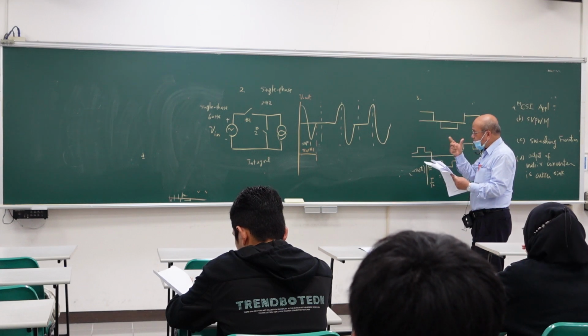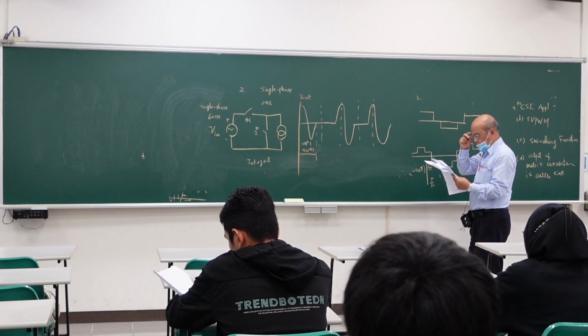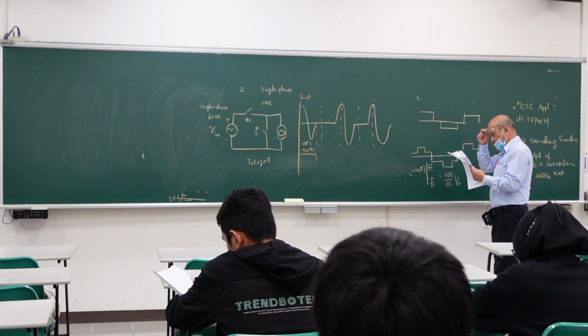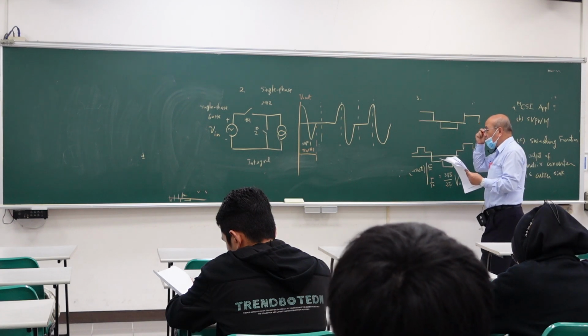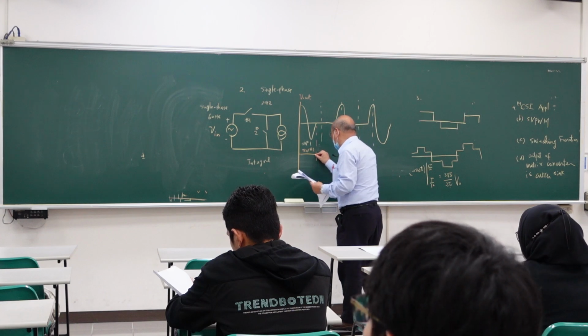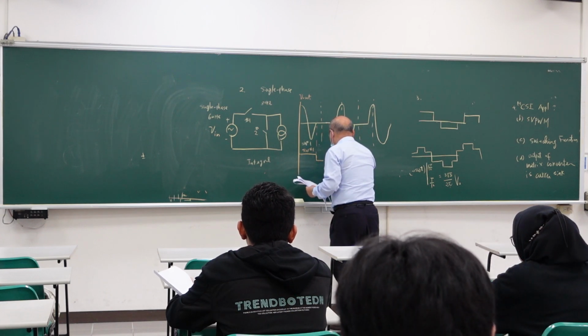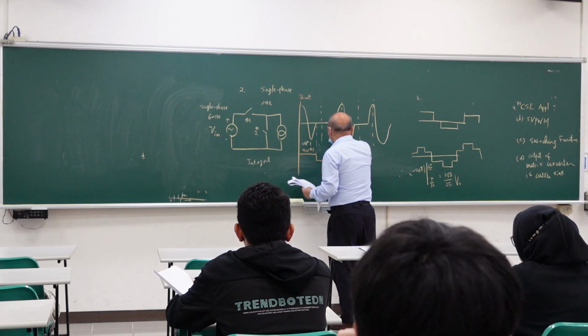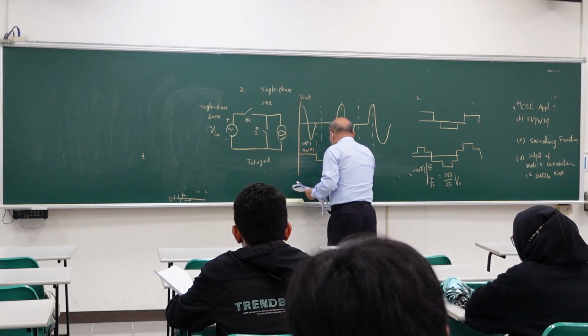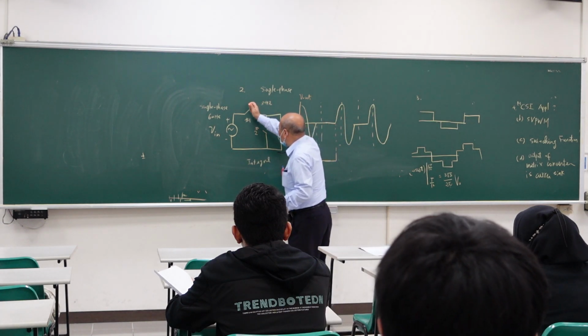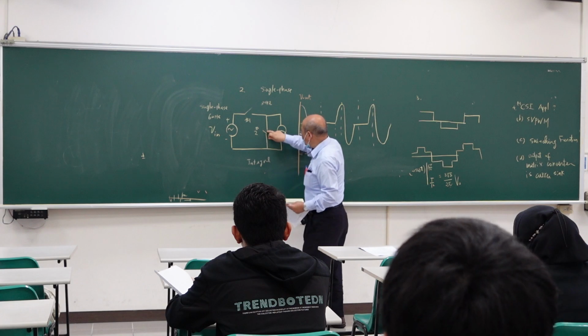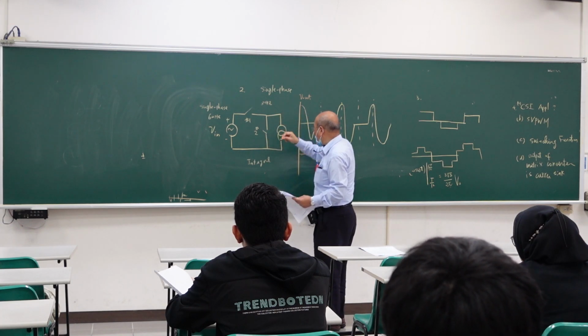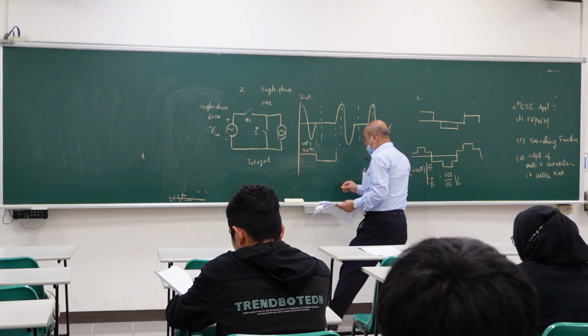So switch 1 turns on for one full period, and then it turns off. So switch 1 turns off here. If switch 1 turns off, then switch 2 turns on. Then output becomes 0.